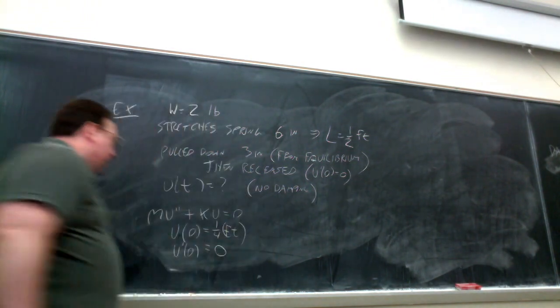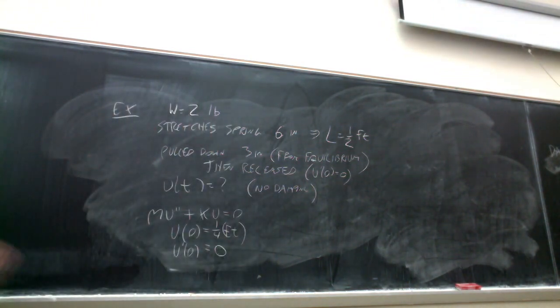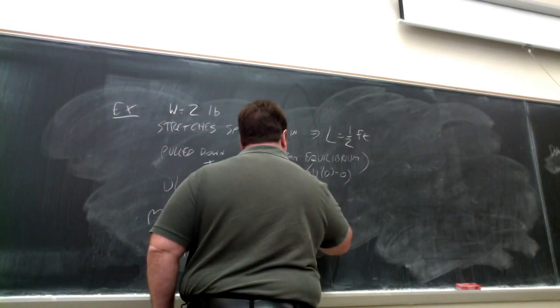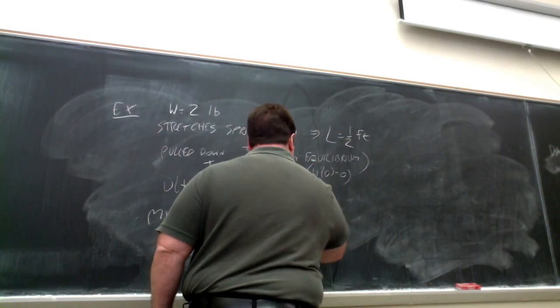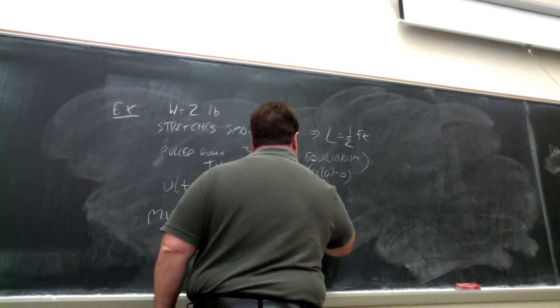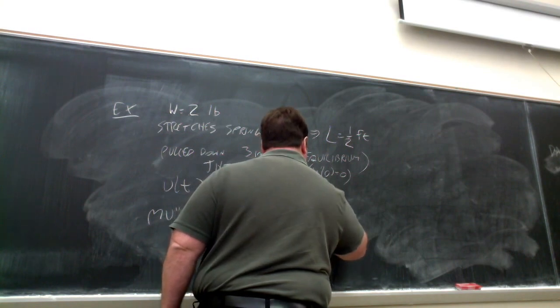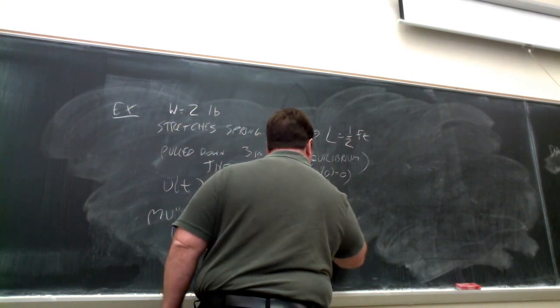Okay. All right. Now, we need mass and we need k. We don't have either one just yet, but to get the mass, we have a relationship: weight is equal to m times g. So m is equal to w over g.